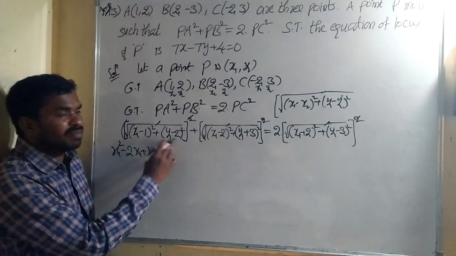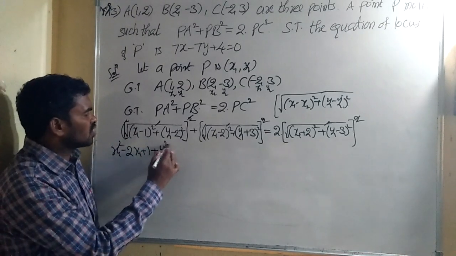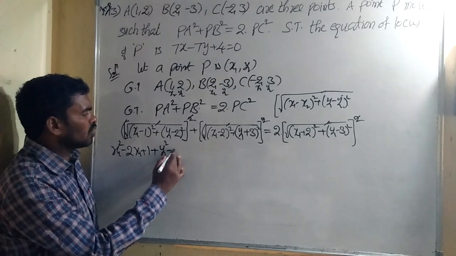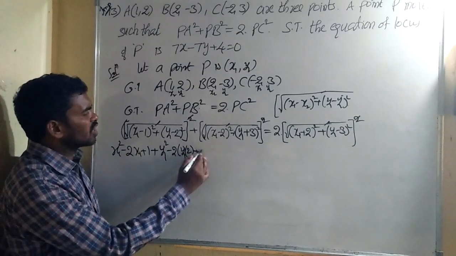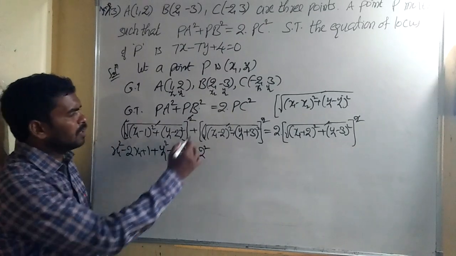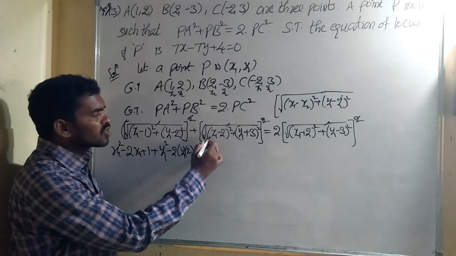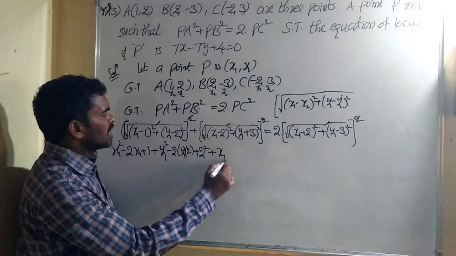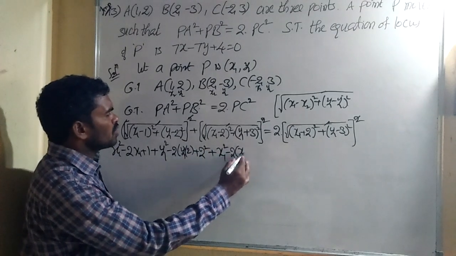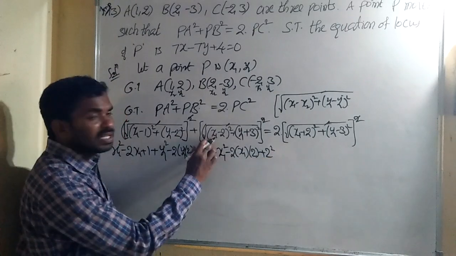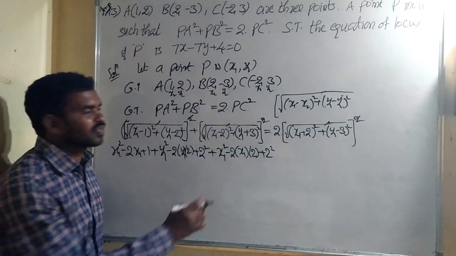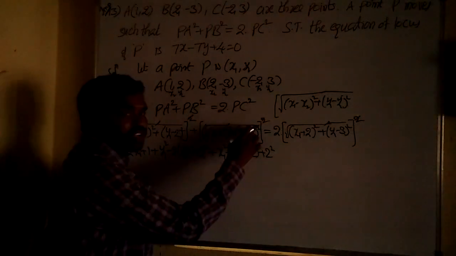And (y - 2) whole square, so y1 square minus 2 into y1 into 2 plus 2 square. And plus. Here also (a - b) whole square means a square minus 2ab plus b square. Here a means x1, b means y1 or 2. Next, (a + b) whole square form.